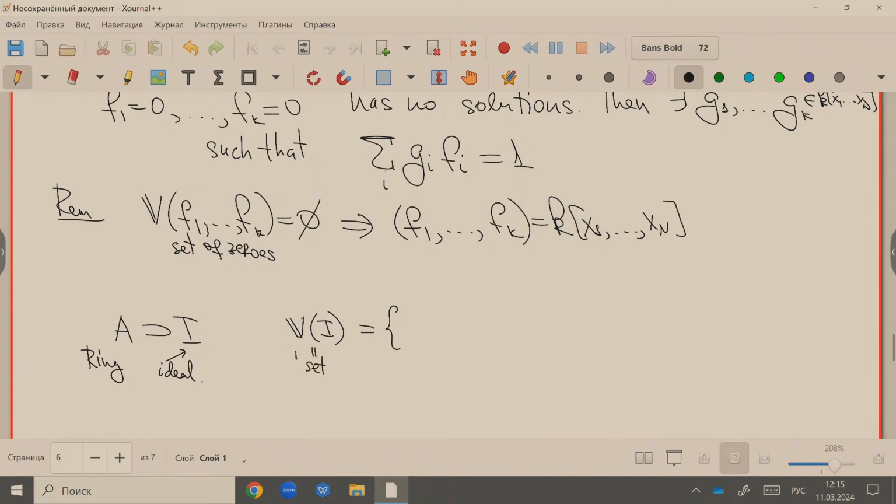It is called the set of points, but geometrically, in the language of algebraic geometry, this is the set of irreducible subvarieties that are contained in the set of zeros of I.